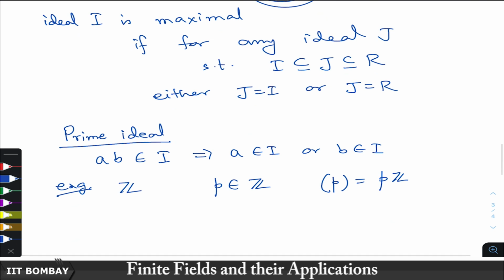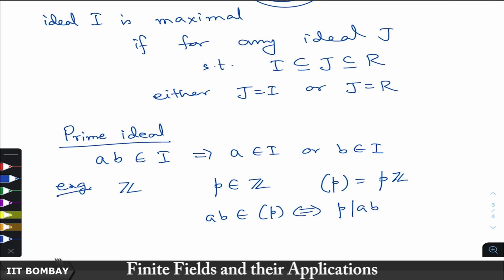Now, one can see that this is a prime ideal, because if AB belongs to the ideal generated by p, it means that AB is a multiple of p, that is, p divides AB. Okay.